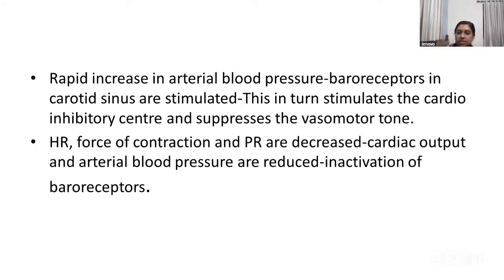This in turn stimulates the cardio-inhibitory or vagal center inside the brain, and it suppresses the vasomotor tone, thereby reducing the blood pressure. Heart rate, force of contraction, and peripheral resistance are decreased, and cardiac output and the arterial blood pressure are also reduced. Once everything is reduced, the baroreceptors will be inactivated.